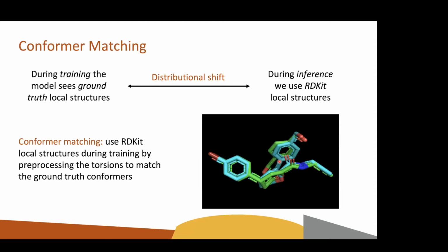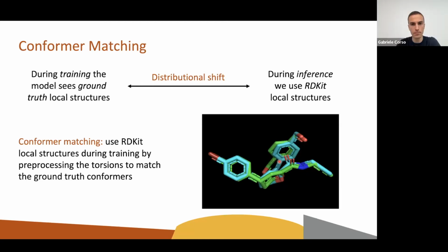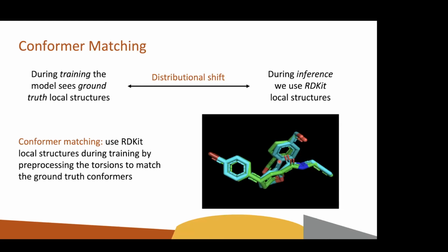This suggests very strongly that even though the variations among local structures are very small, the information contained in those tiny perturbations is sufficient to reconstruct the entire conformer. That was something we found really fascinating.